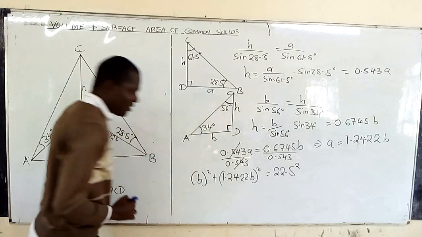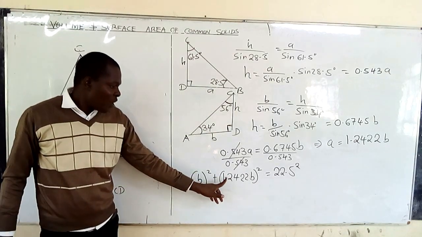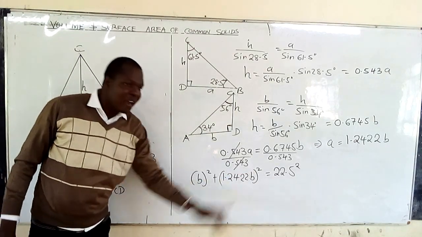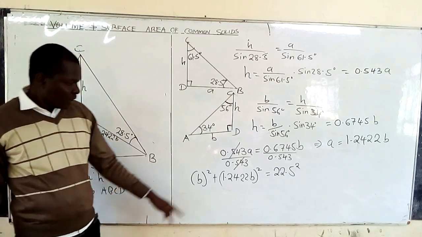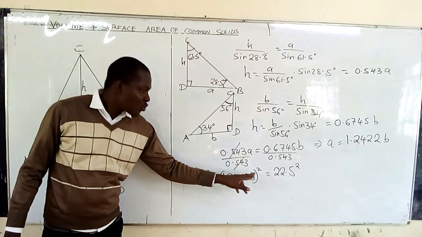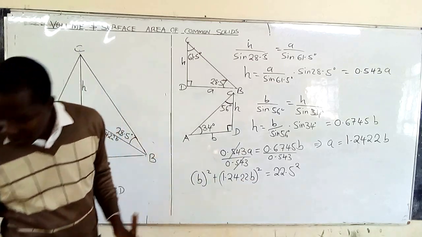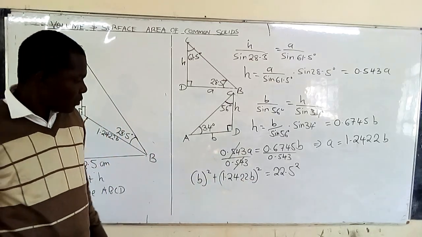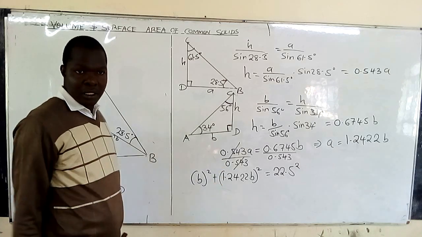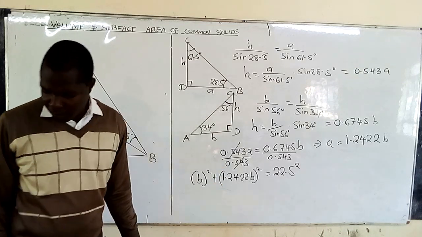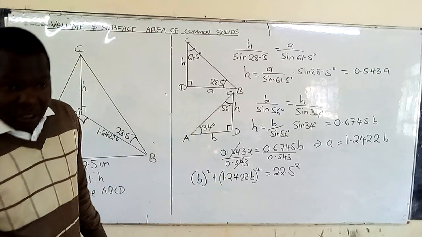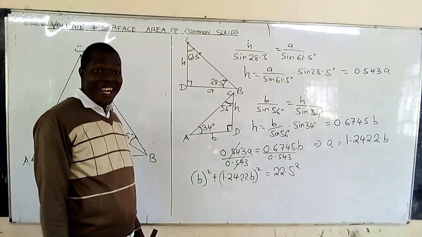22.5 squared. So open this bracket. 1.2422 squared, you get what? You see, these things are only done when you are procedural.